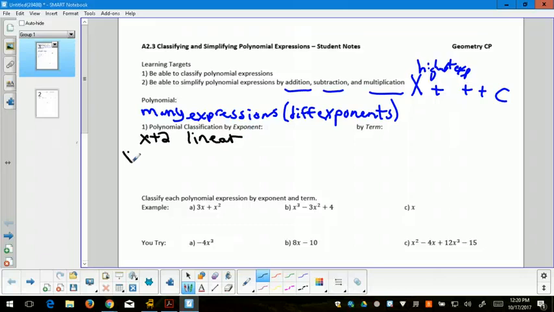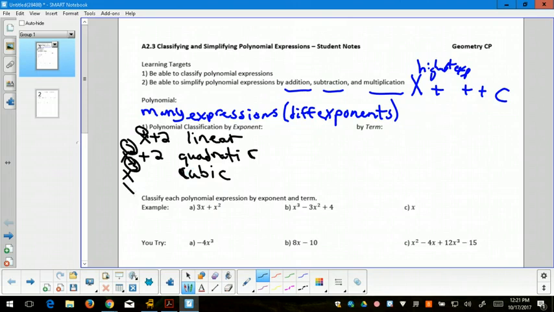Whereas if I had x squared plus 2, maybe there's even an x in there. If the highest degree is 2, if the degree is 1, it's linear. If the degree is 2, then it's called a quadratic. And they do graph parabolas, yes. And we'll be factoring those to solve them. If it's x cubed, the highest degree is 3, then it's called a cubic polynomial. Or if it was a function y equals x cubed, then it would be a cubic equation.